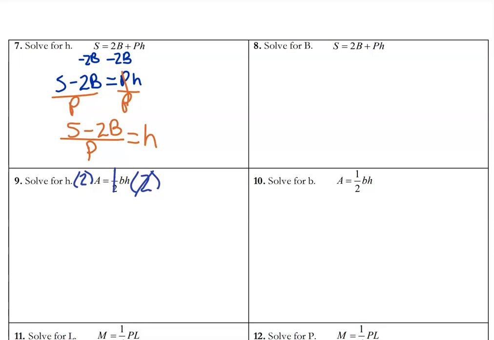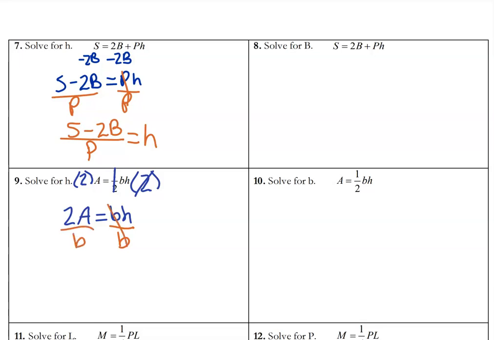Okay, so now on the left we have 2a, and then on the right we still have base times height. Okay, and our goal is, again, get height just by itself. So now I want to get rid of b, and b is multiplying times h, so now I divide by b.